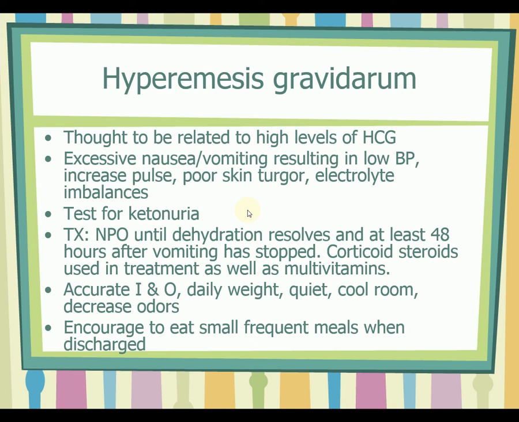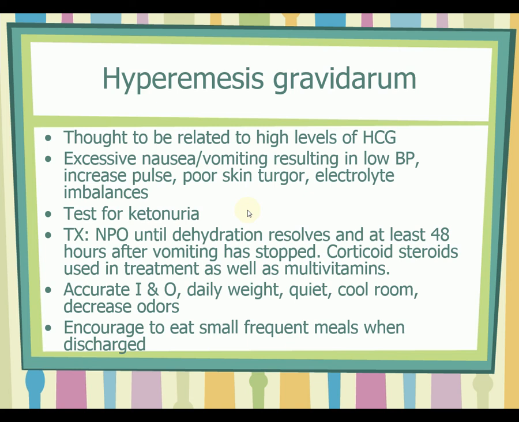Hyperemesis gravidarum is when your pregnant patient is severely affected by nausea and vomiting. There has to be at least a 10% weight loss for them to consider it hyperemesis gravidarum versus morning sickness. They have such excessive nausea and vomiting and inability to take in fluids that they actually become hypovolemic.